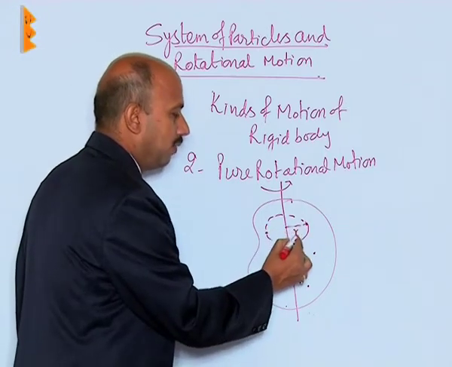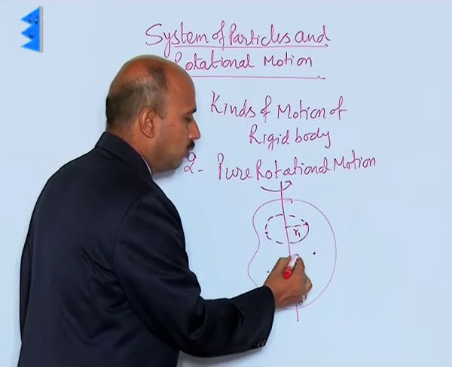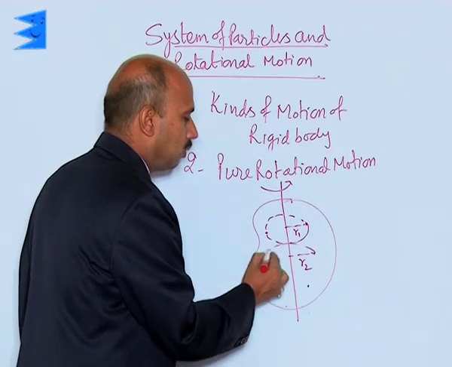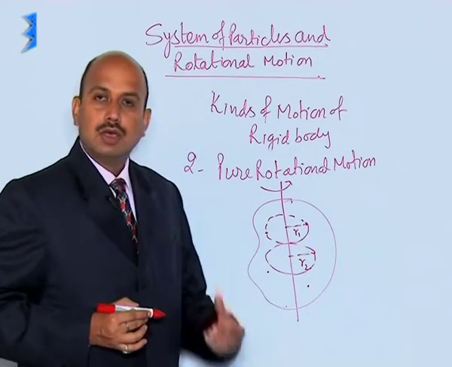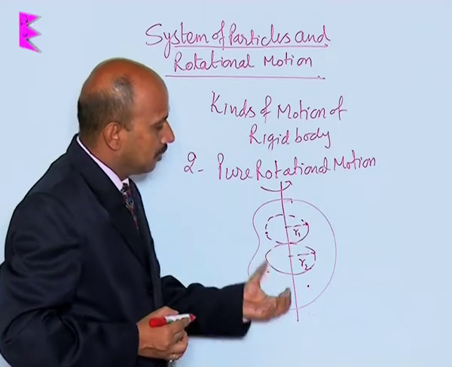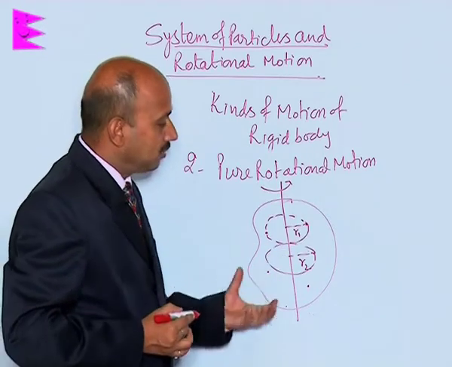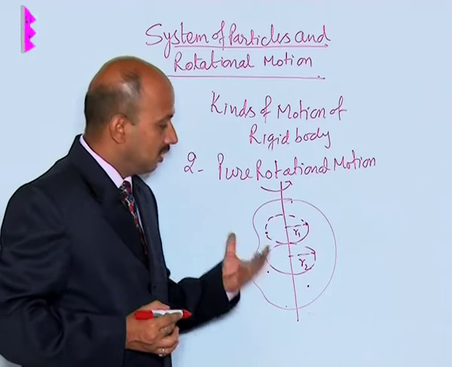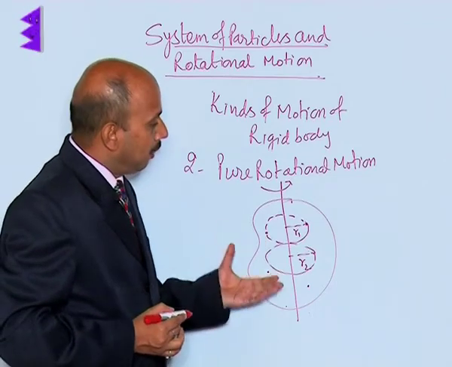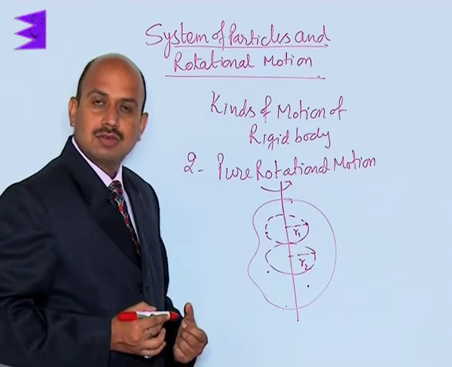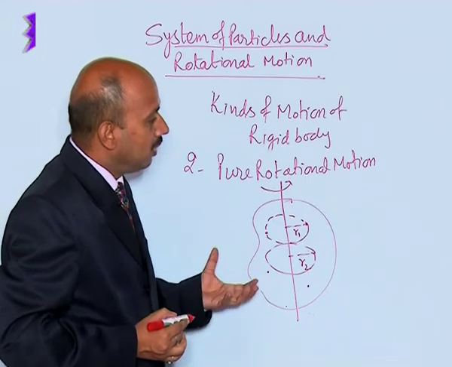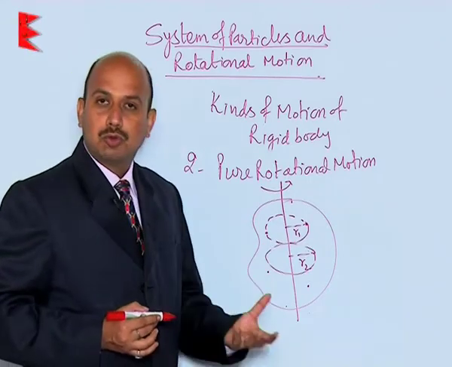Similarly, this is of radius suppose r1 and this also is moving in a circular path. So when each particle of the body moves in a circle in a plane perpendicular to the axis, and the centers of all these circles lie on this fixed axis, then we say the body is in pure rotational motion.